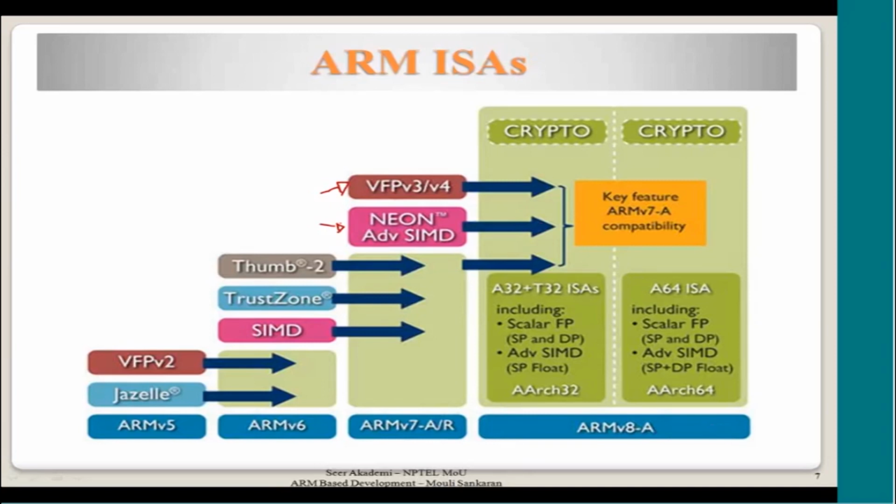And the V8 ISA has both 32 as well as 64-bit architectures. So I'll talk about this in the subsequent slides.